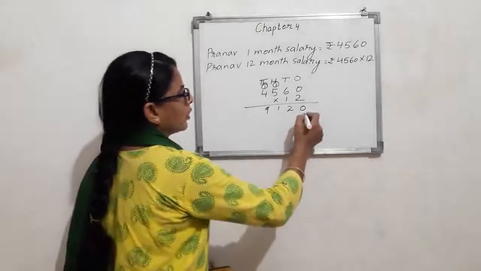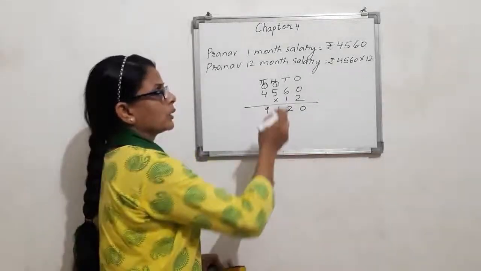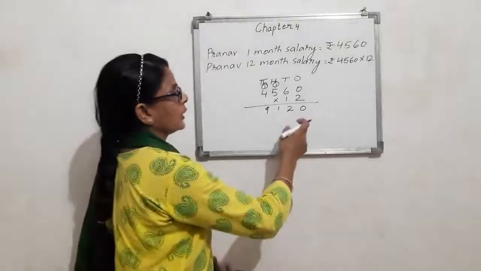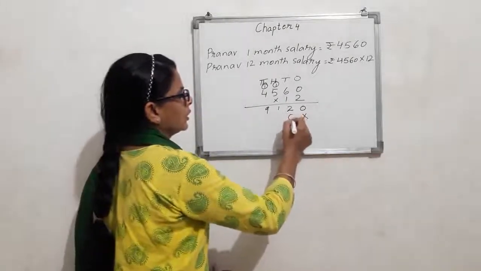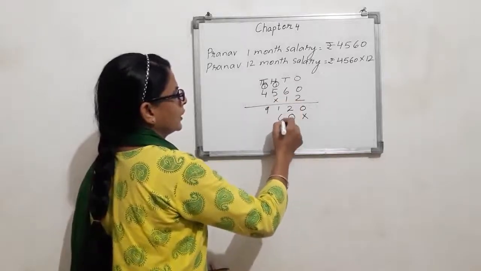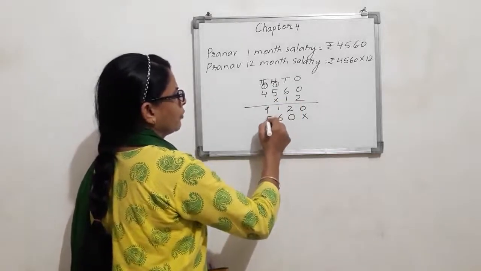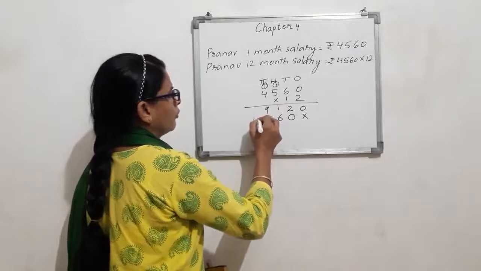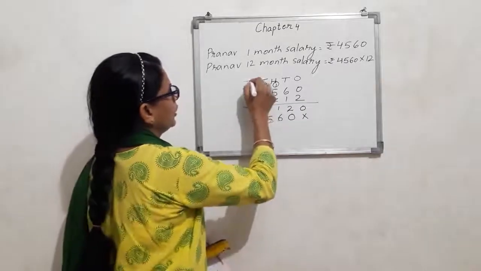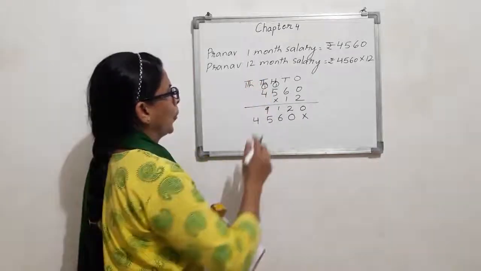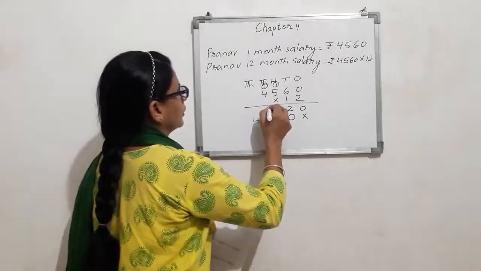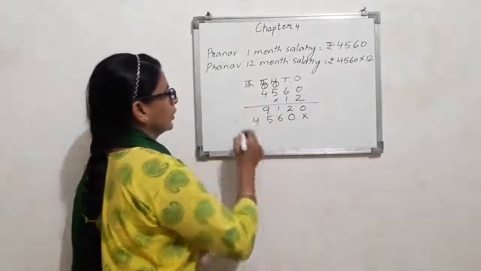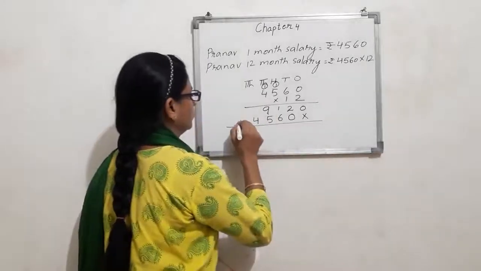Now put a cross. Now we have to multiply by the tens place. So we will replace ones place by cross or 0. 1 zeros are 0. 1 sixes are 6. 1 fives are 5. 1 fours are 4. So 4 will come on 10,000 place.